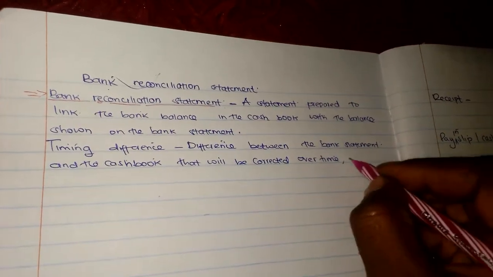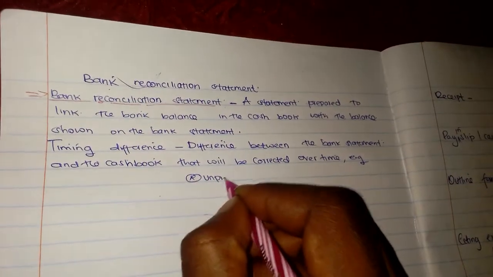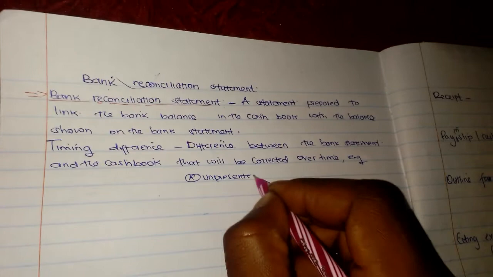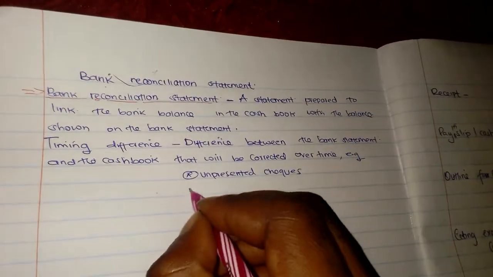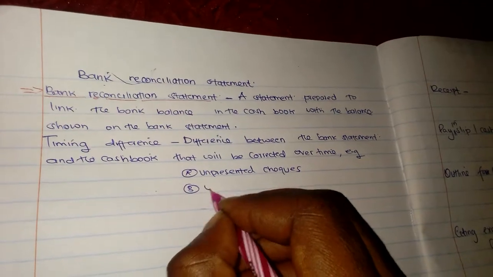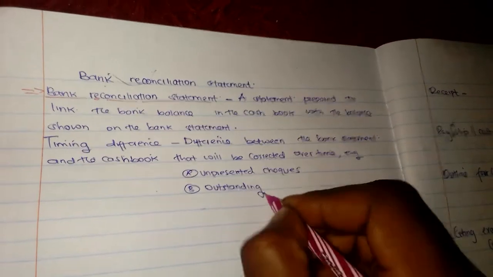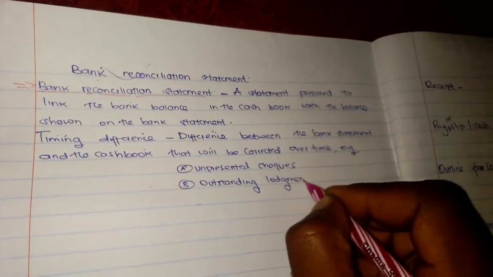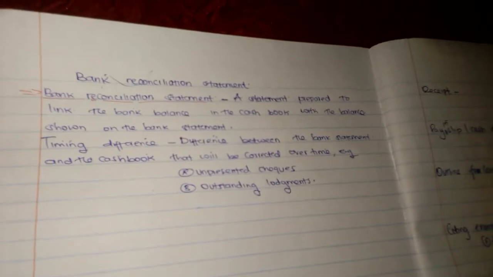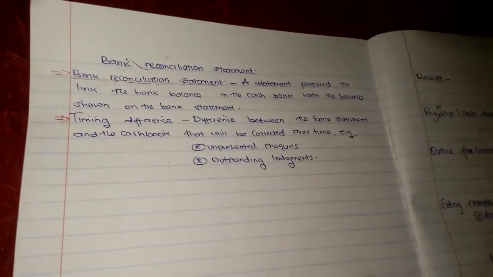For example, we have unpresented checks and outstanding lodgements. So that's about timing difference. That's what we call timing difference.